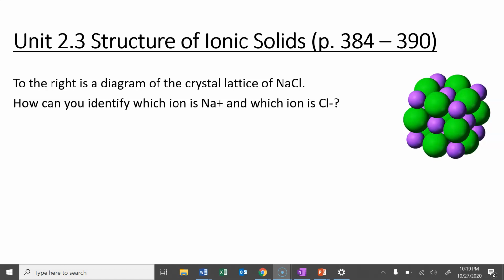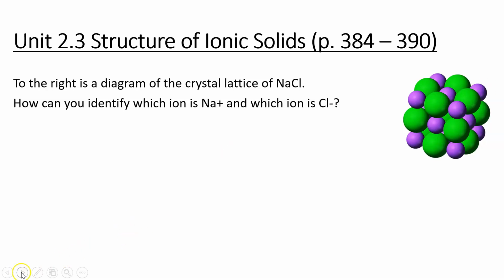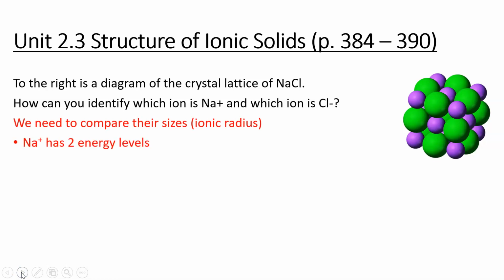The way that we need to think about this is by comparing the size of the ions, their ionic size or their ionic radius. Na plus has two energy levels. If you look at it on the periodic table, Na is in the third energy level, but when it loses an electron, it has two energy levels.